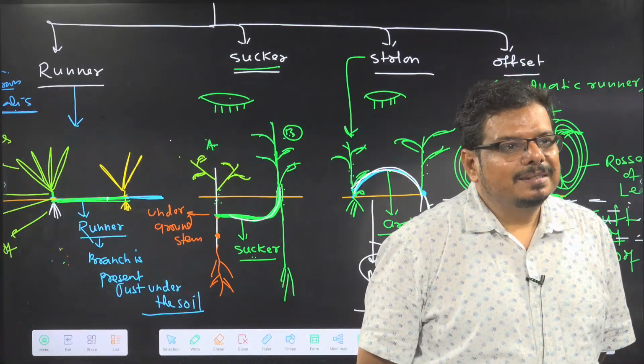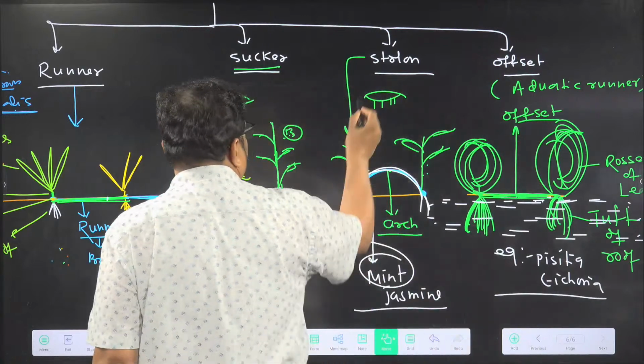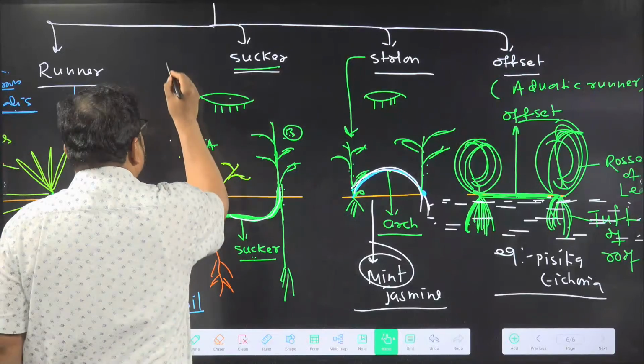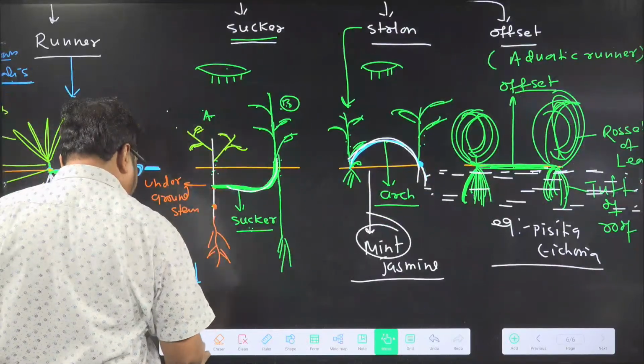Understand the idea? According to NCERT, stolon examples are mint and jasmine. Sucker examples are banana, pineapple and chrysanthemum.